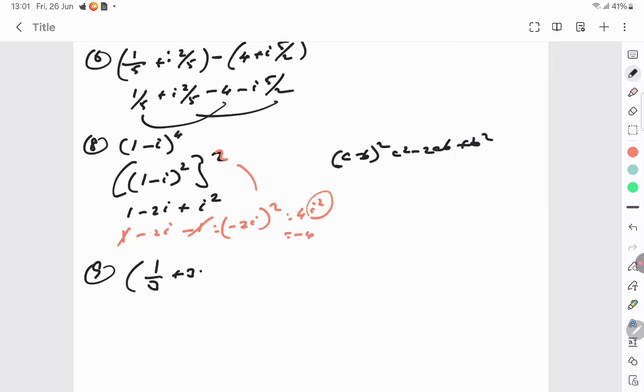1 by 3 plus 3i the whole cube. It's like a plus b the whole cube, which is a cube plus 3a square b plus 3b square a plus b cube.